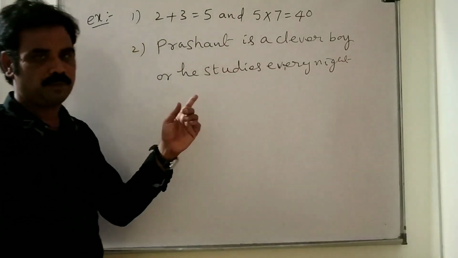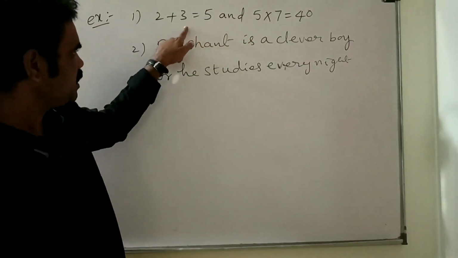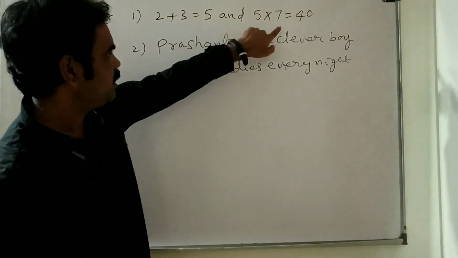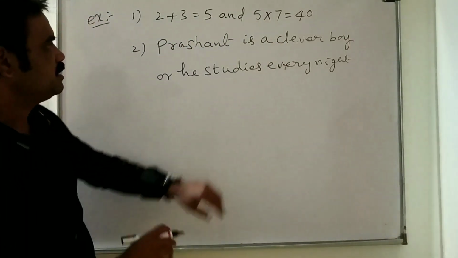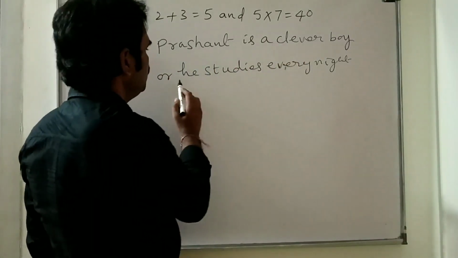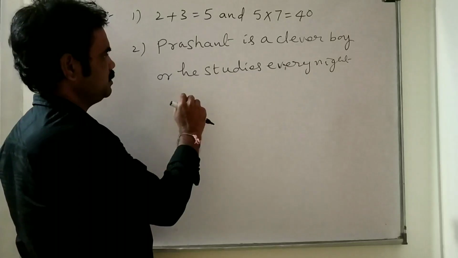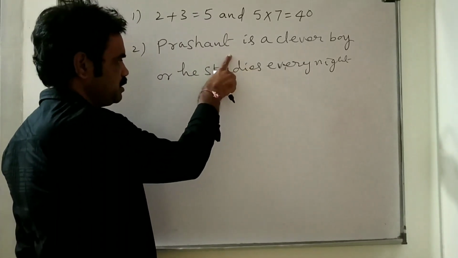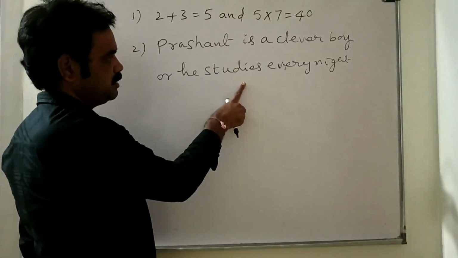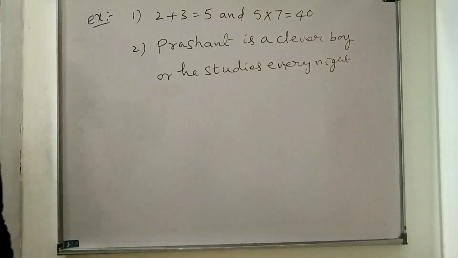These two are compound propositions. The first one is the combination of two propositions: 2 plus 3 equal to 5 is one proposition, 5 into 7 equal to 40 is another. The second is also a combination of two statements: Prashant is a clever boy is one proposition, he studies every night is another.